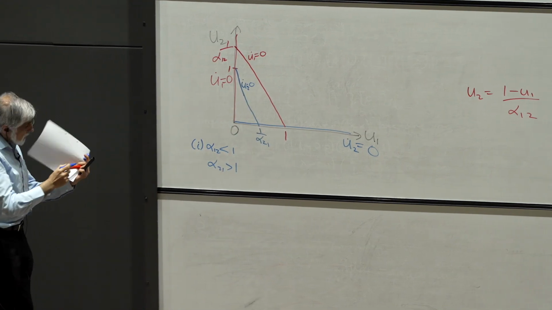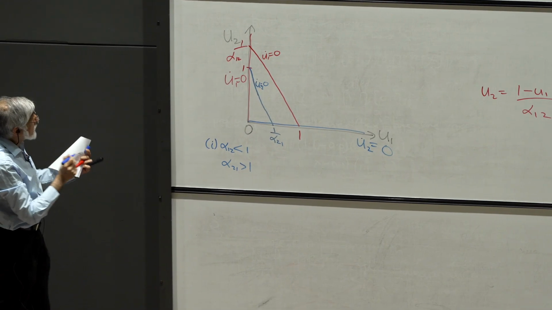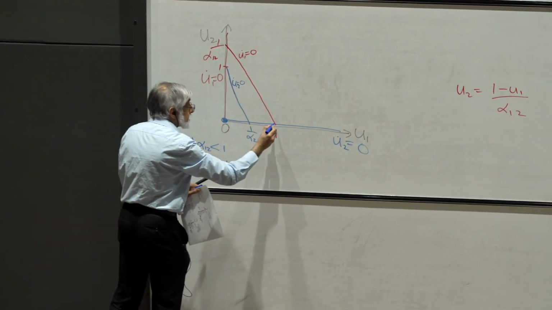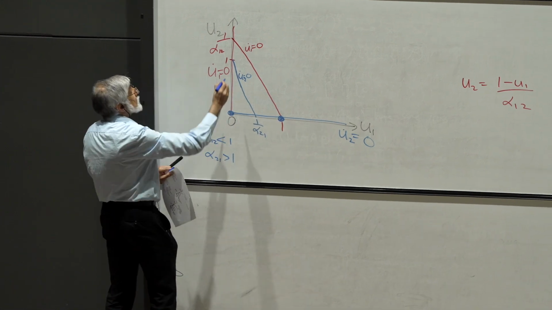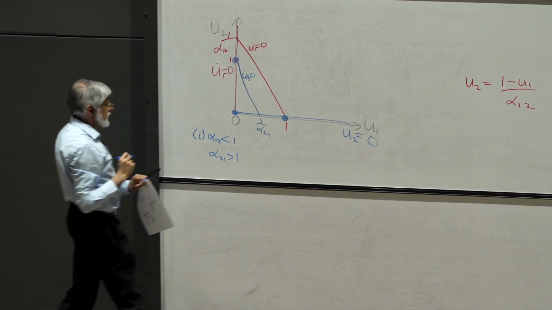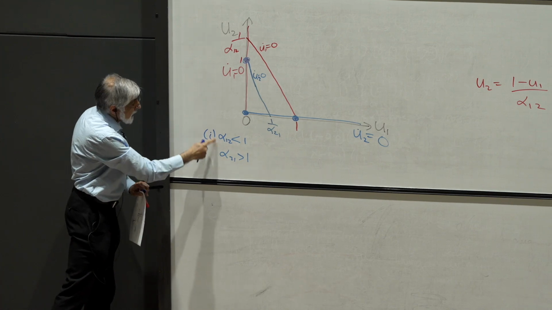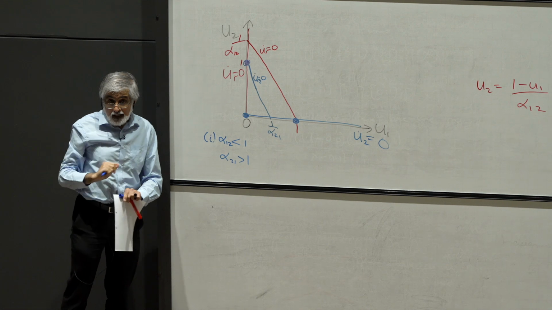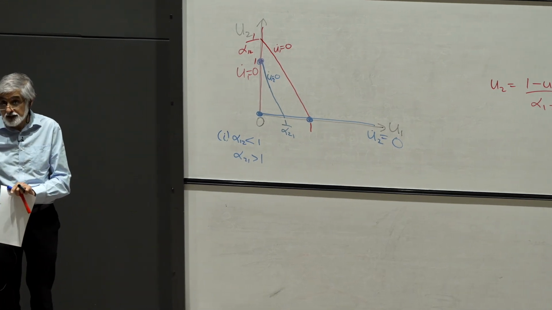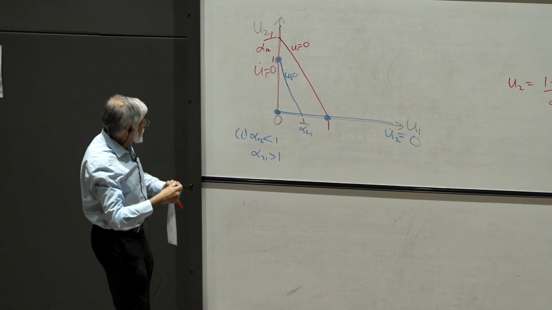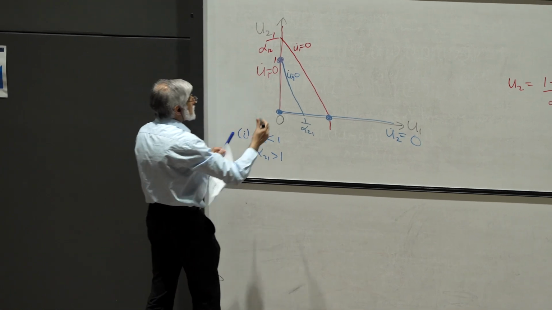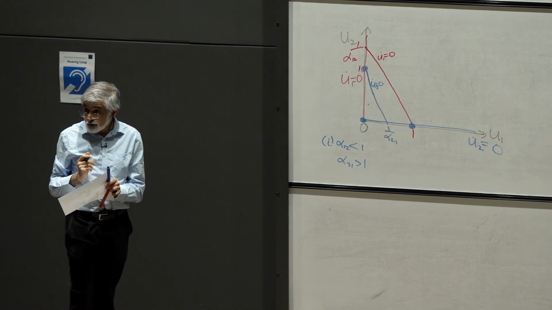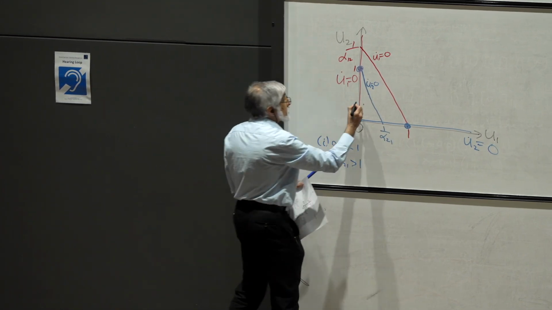Let's see the steady states. Here's a steady state, 0, 0. Here's a steady state, 1, 0. Here's a steady state, that there. And remember, if they have different, less than 1, bigger than 1, the coexistent steady state doesn't exist. So if we start here, U1 dot and U2 dot are both positive, so we increase.